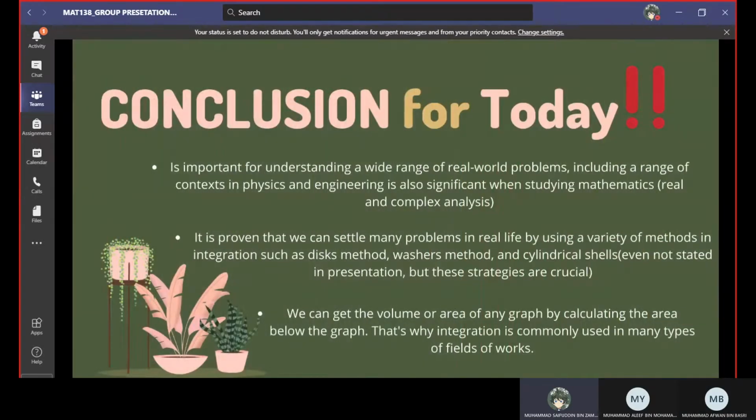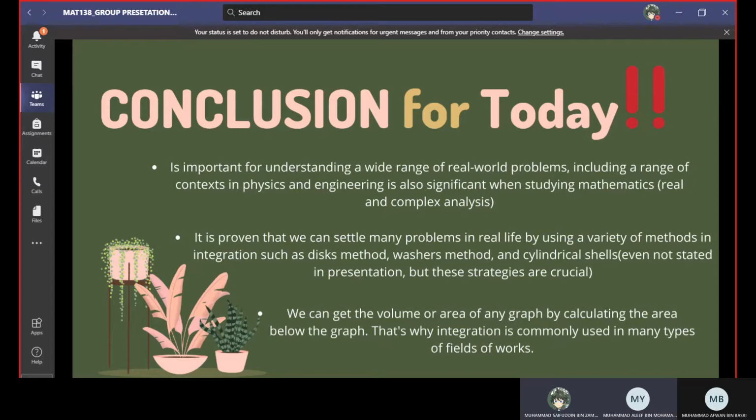Okay, so after listening to both of our group members about the application of integration, the conclusion for today is that it is important for understanding a wide range of real-world problems, including contexts in physics and engineering. It is also significant when studying mathematics, which is real and complex analysis.